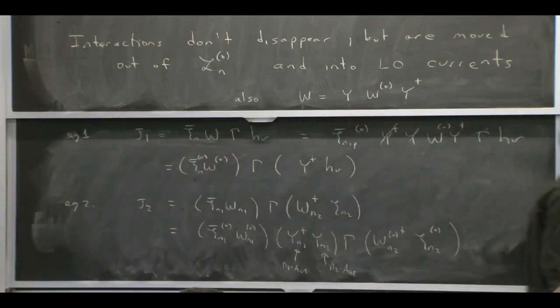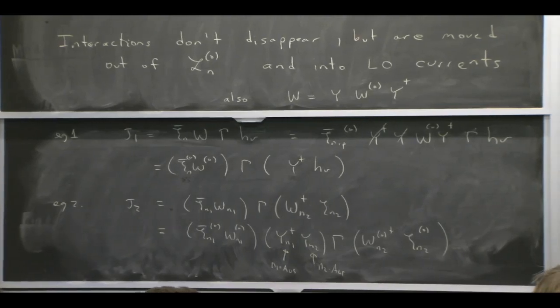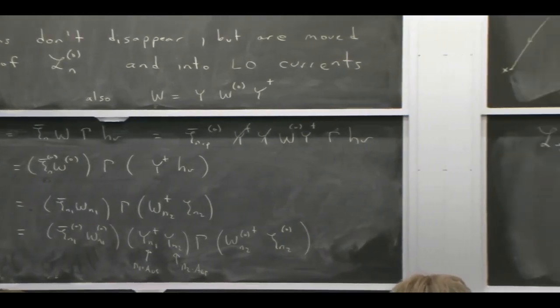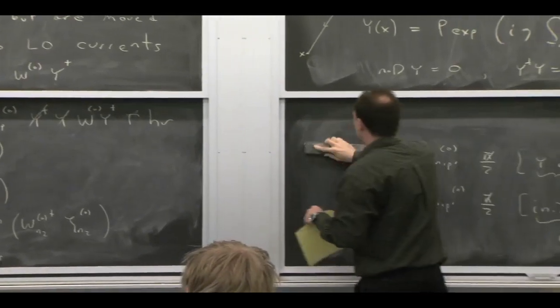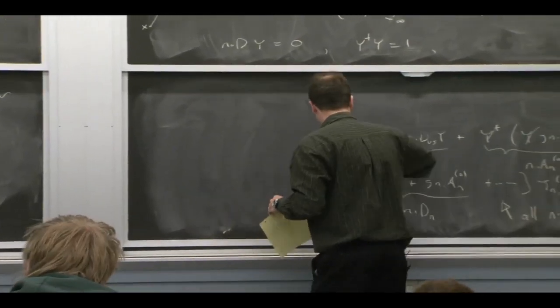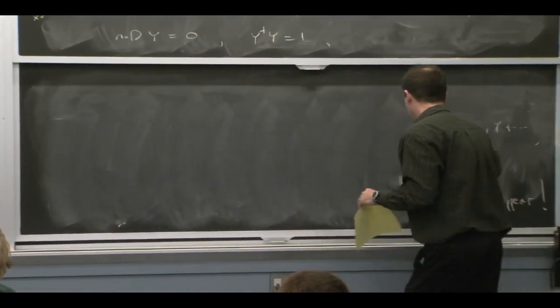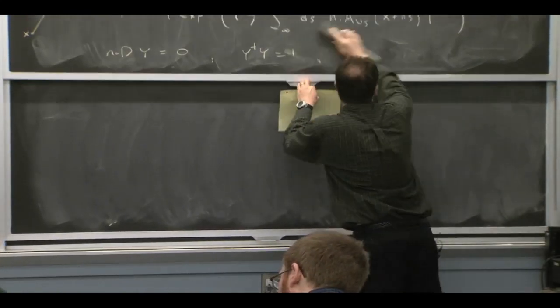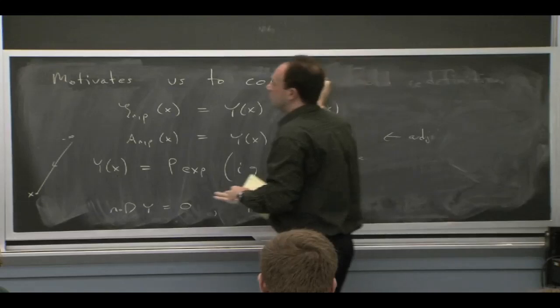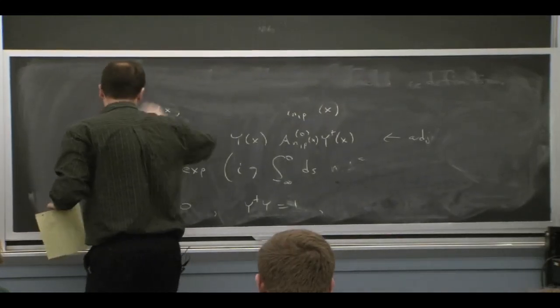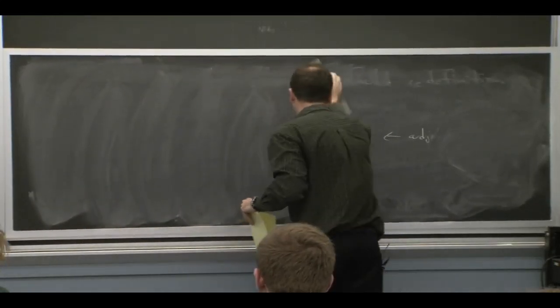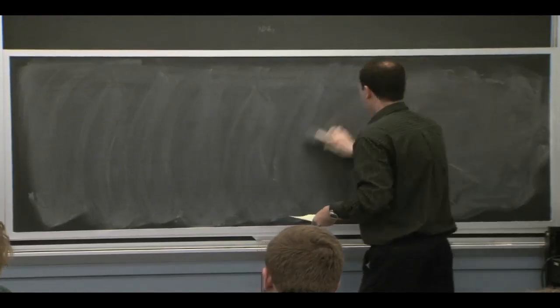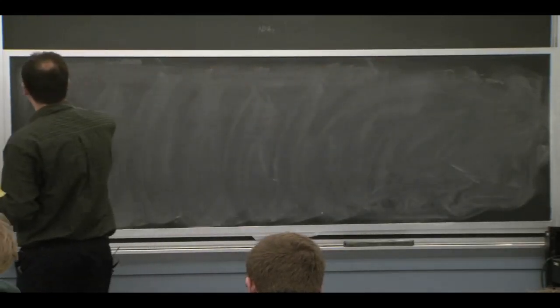OK, so having more than one collinear direction means that you have more than one type of y showing up. But again, it's just the leading order Lagrangian for each of those sectors that tells you what's going to show up. Let's do one more example.